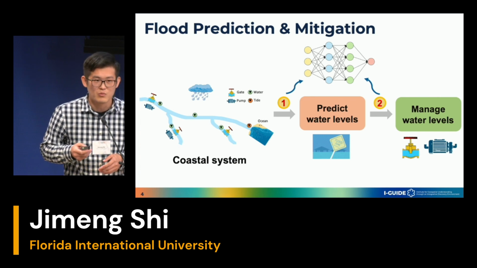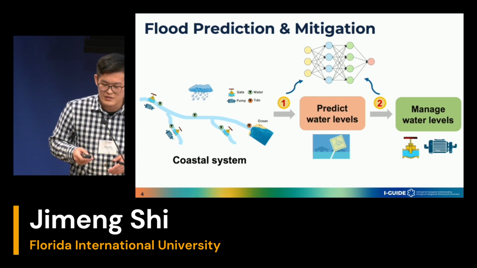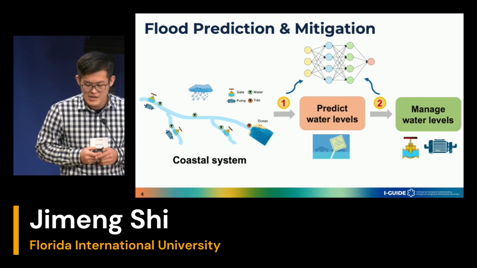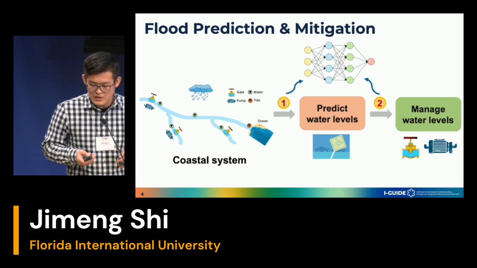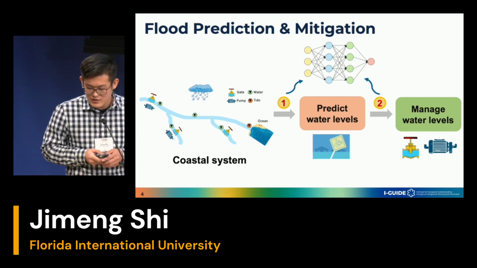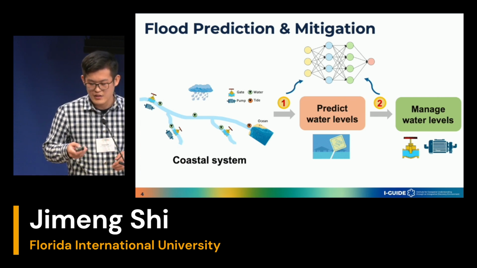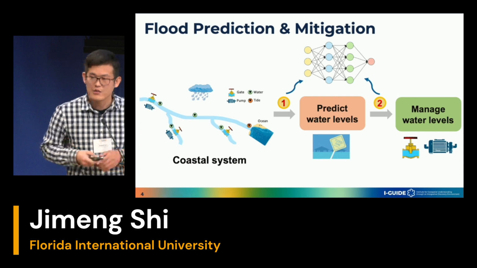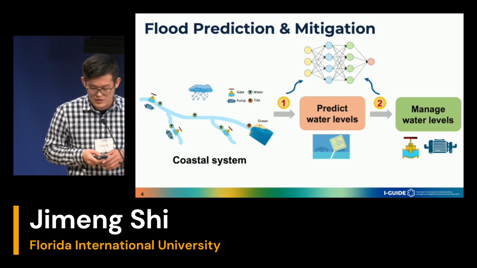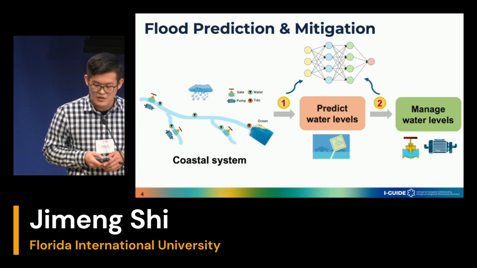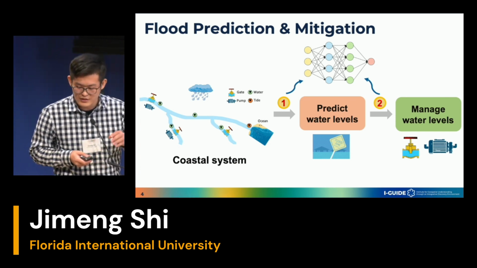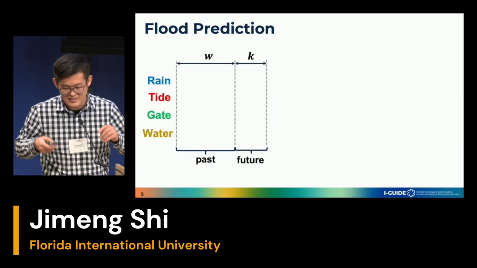I will talk more about the advantages of a neural network later, but for this neural network, we have many different models, and for our work, we developed a new one. I will talk about it in the next slides.